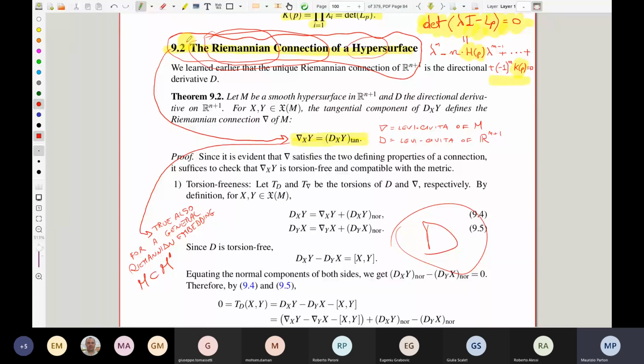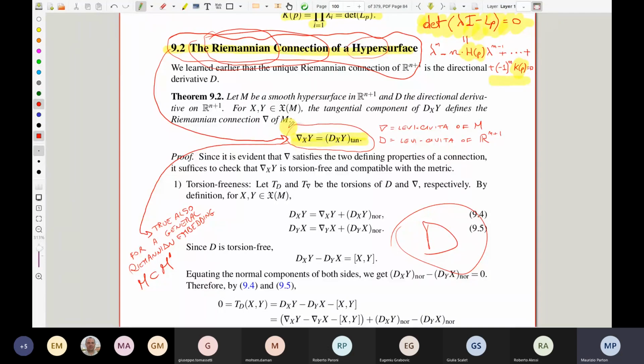That is, with respect to the Riemannian connection in R^(n+1)? And you already know the answer. You remember? This one. Just the tangential component. So all this sentence is to tell you a very short answer that you should really remember.